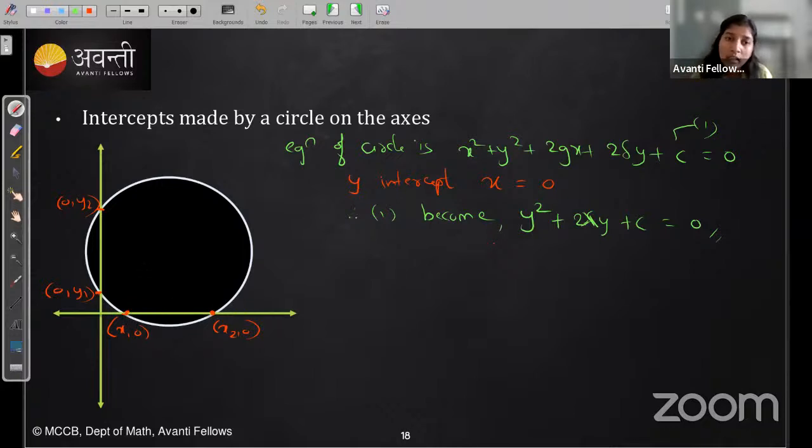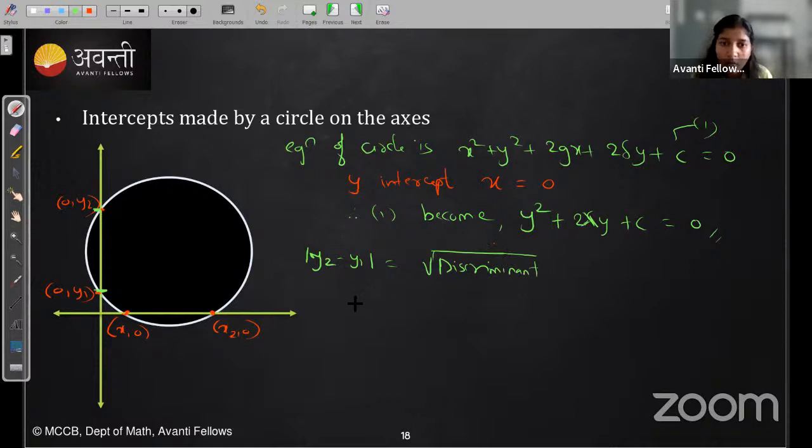I want to find the y-intercept, right? The y-intercept is nothing but the distance between this point and this point, that is mod y2 minus y1. So this distance will be nothing but the square root of the discriminant, D.